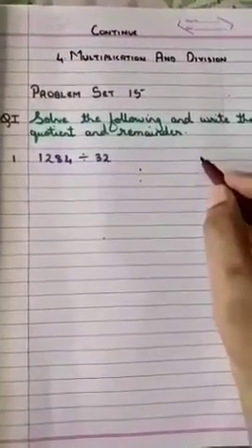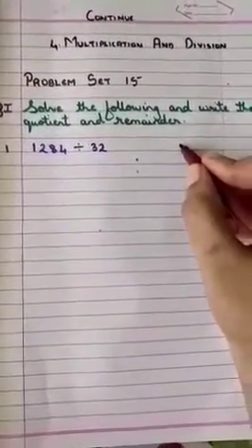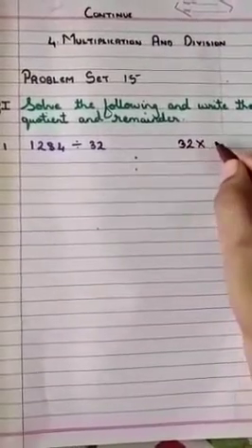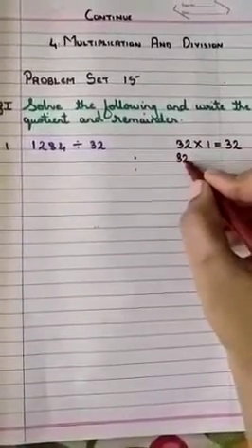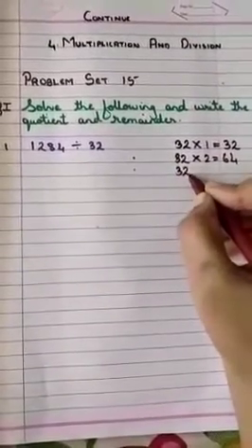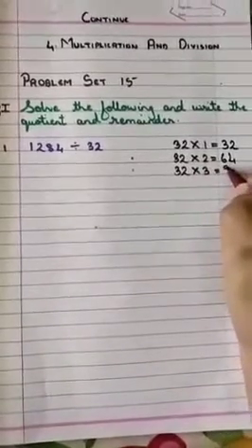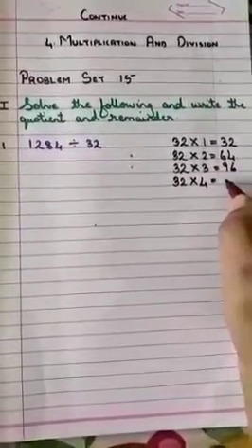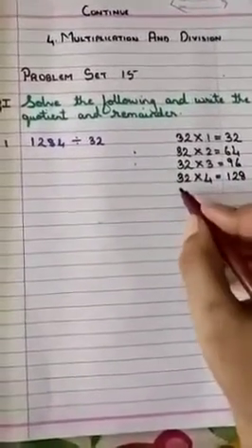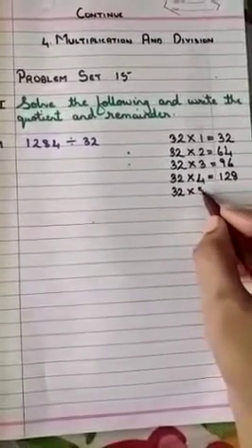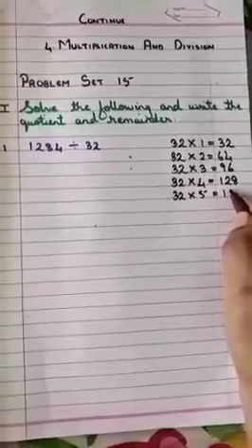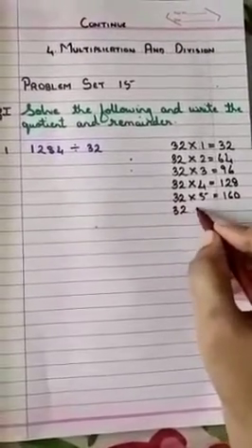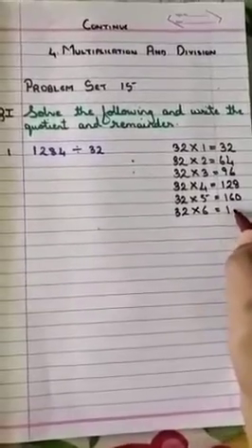We will write it here sideways. 32 ones are 32, 32 twos are 64, 32 threes are 96, 32 fours are 128, 32 fives are 160, 32 sixes are 192.